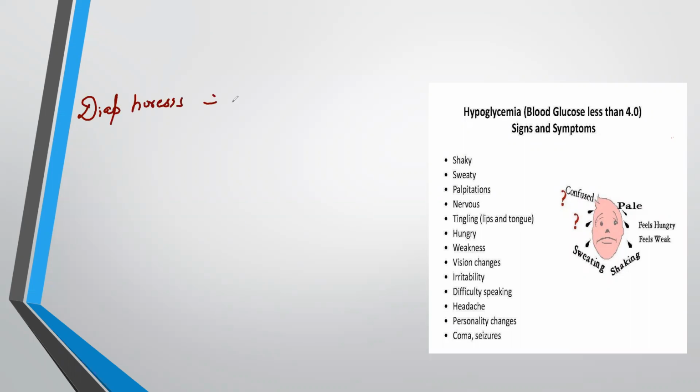Diaphoresis means excessive sweating. You can see here, sweating. So how does this occur?